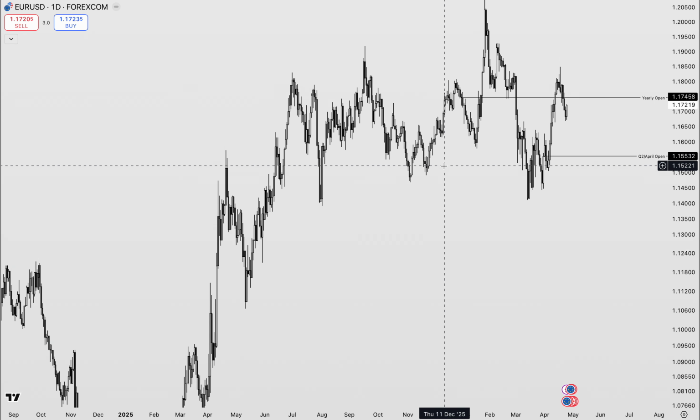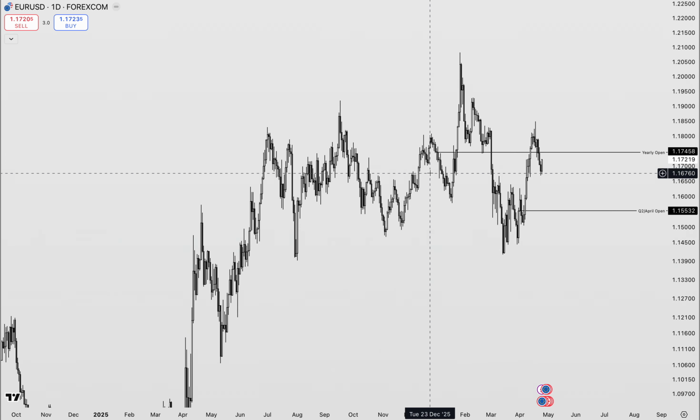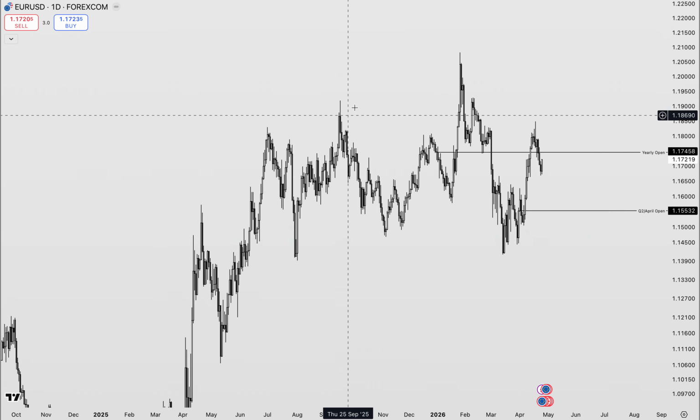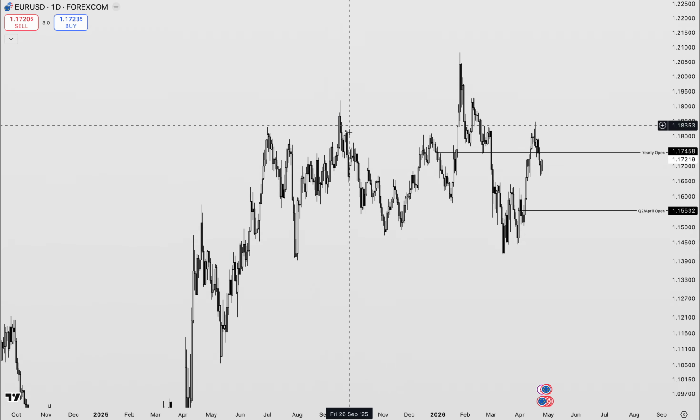Because the way ICT normally teaches is buy side and sell side liquidity, but it's hard to know if you're trading using the knowledge that he's given on liquidity. You don't know which high is real liquidity, right?